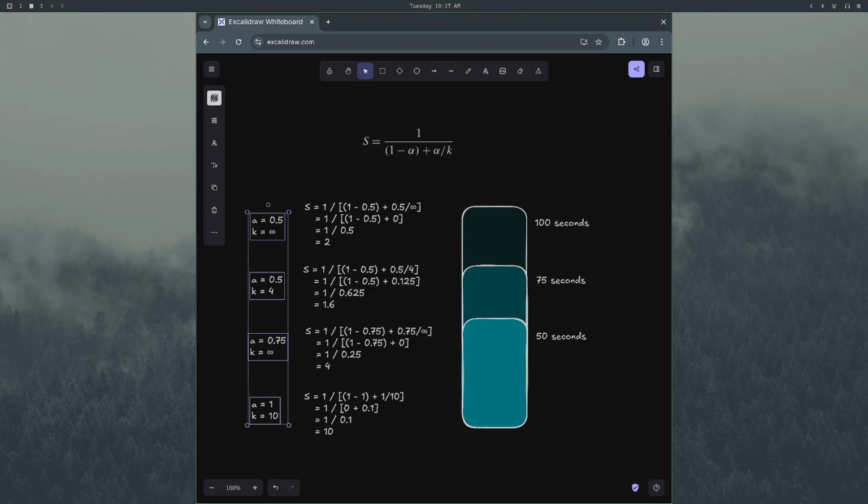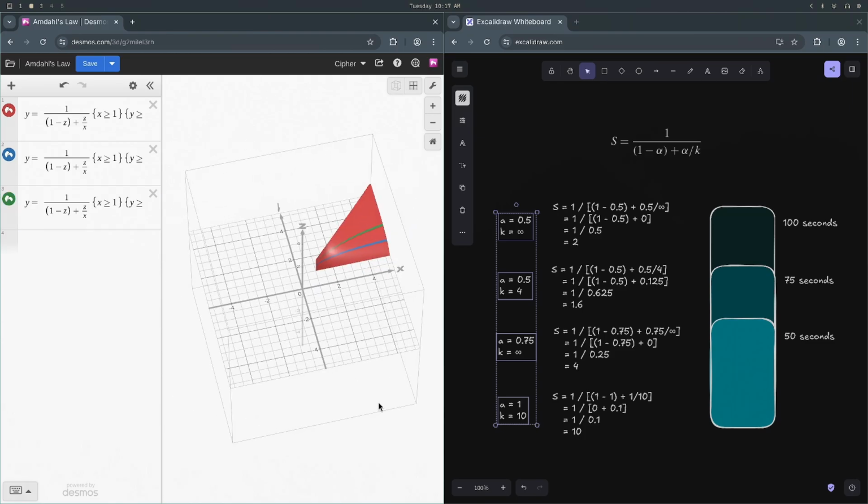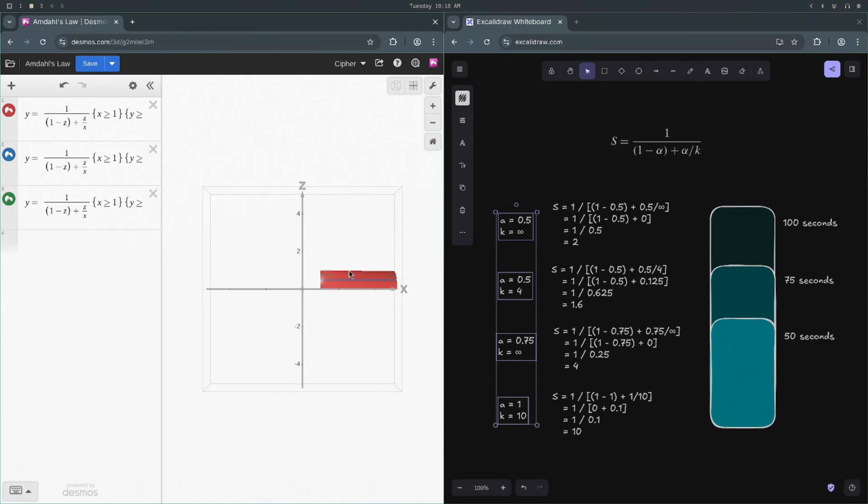But I do want to show the 3-dimensional graph of Amdahl's law. I plotted the surface in red here. The z-axis here is alpha, the amount of the process that we're actually spending time optimizing. I have some plots here for 50% and 75% and of course 100%.